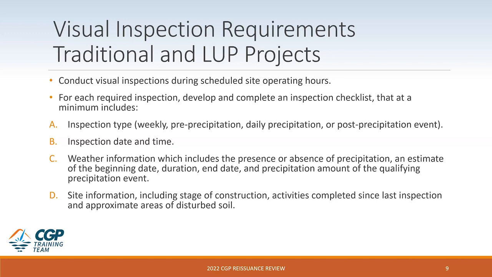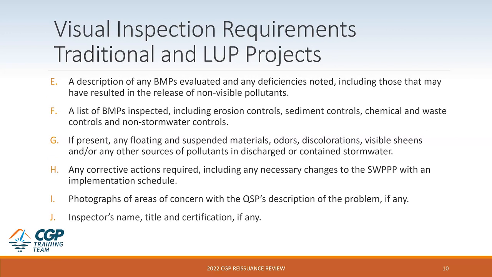For each required inspection, you must complete an inspection checklist that includes the inspection type, the date and time, the weather at the time of the inspection in detail, the site information in detail, a description of any BMPs that were evaluated and any deficiencies noted, especially those that may result in a release of non-visible pollutants, a list of BMPs inspected, including the erosion controls, sediment controls, and housekeeping.